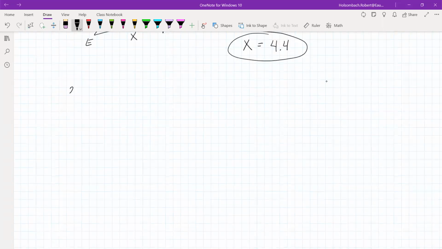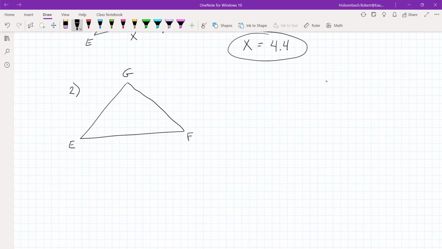Number 2. It's triangle GEF again. GE is our X. Angle E is 40. Angle F is 60. And GF is 13.